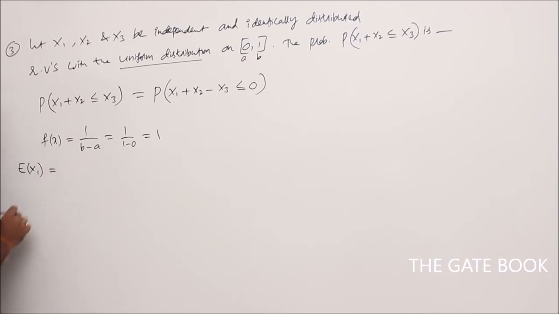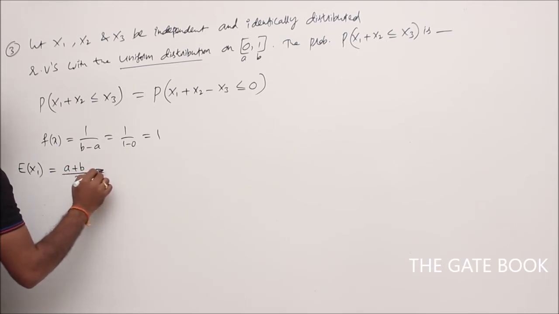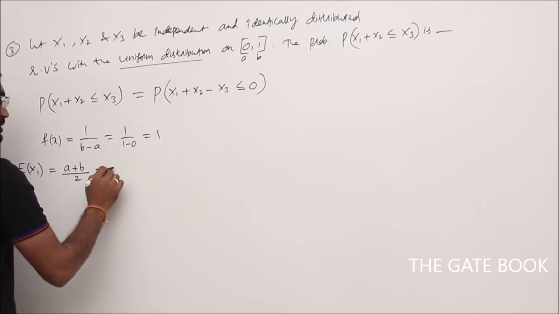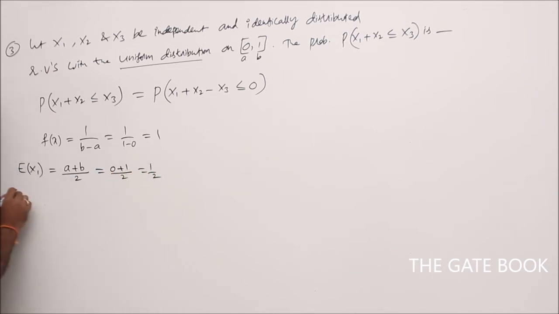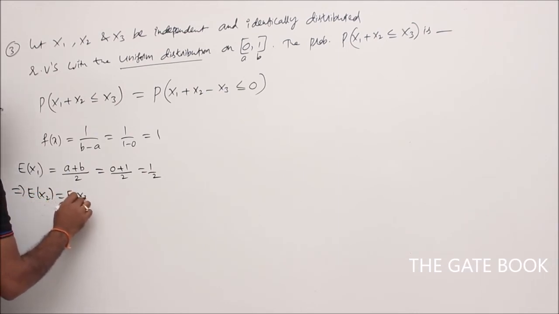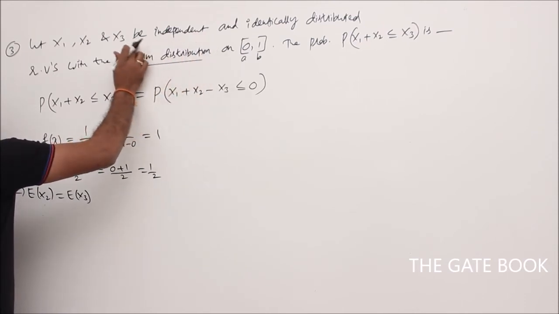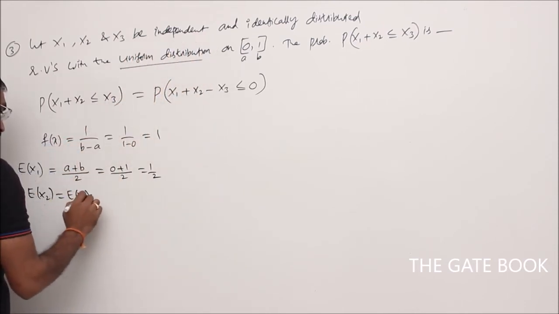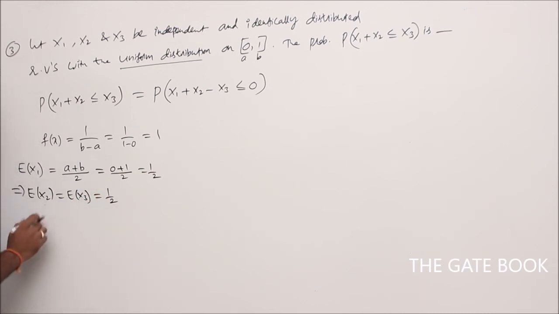The mean of the uniform distribution is (a plus b) by 2, with a value 0 and b value 1, so (0 plus 1) by 2 is equal to 1 by 2. It implies E of x2 and E of x3 are also 1 by 2, because all three are independent and identically distributed.